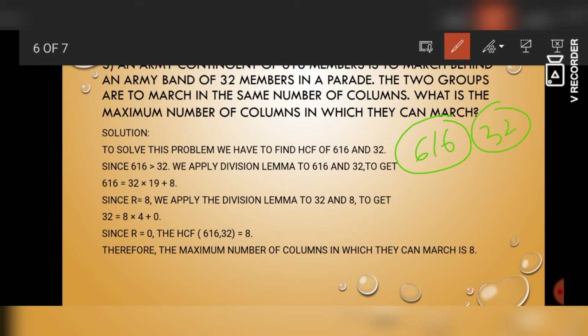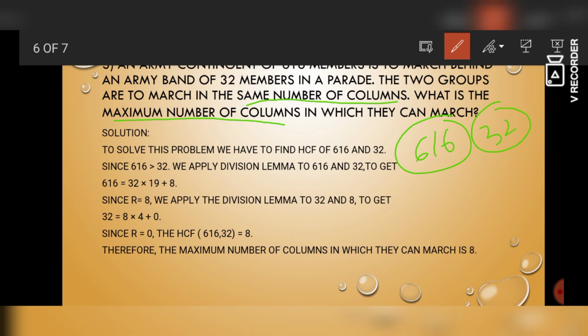These two groups have to march together in such a way that we get the maximum number of columns, and the two groups have to march in the same number of columns.